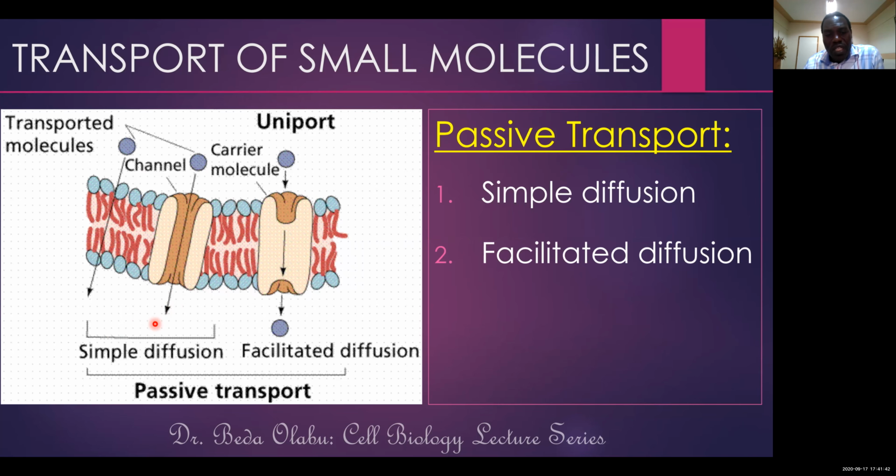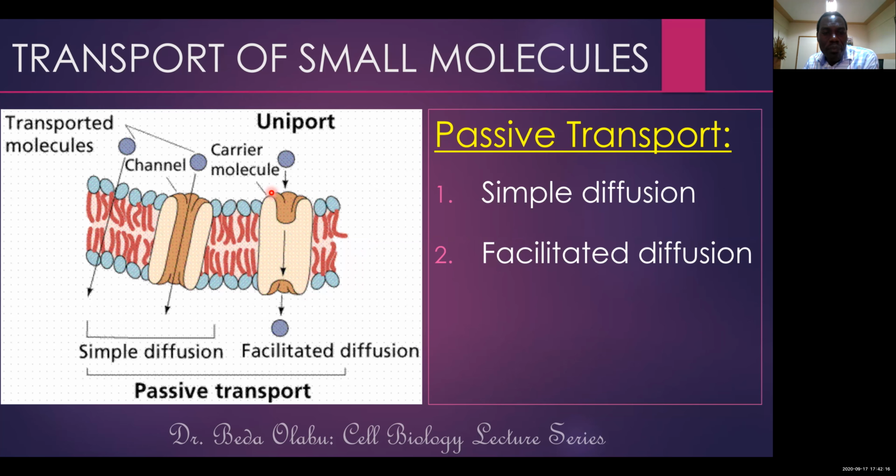There is something called facilitated diffusion. In facilitated diffusion, yes, the molecule in question is moving along its concentration gradient. So let's say it is more here than here. But for some reason, that particular molecule may not easily pass through the cell membrane, maybe because of the chemical nature of that molecule.